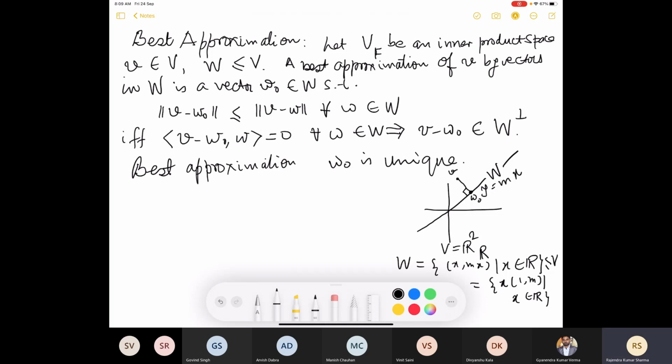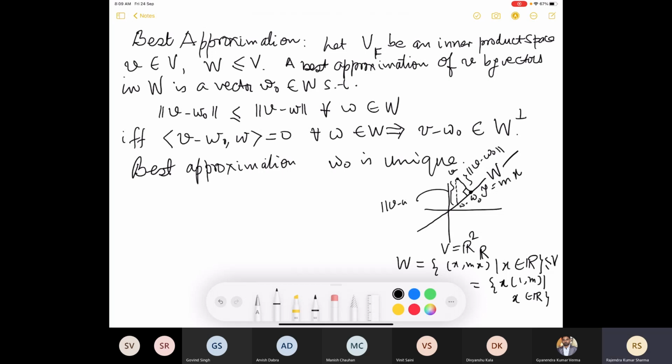So when you see the distance here, if you take the distance of this from any other point, say some other W prime, then this is the norm of V minus W naught, and this is the norm of V minus W prime.